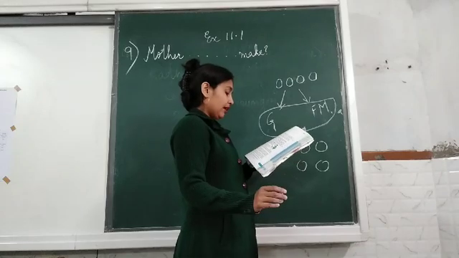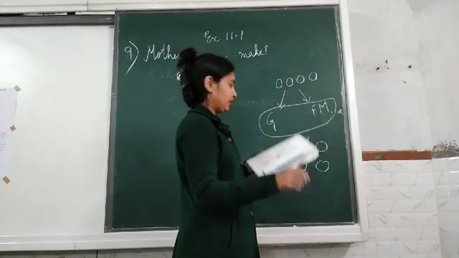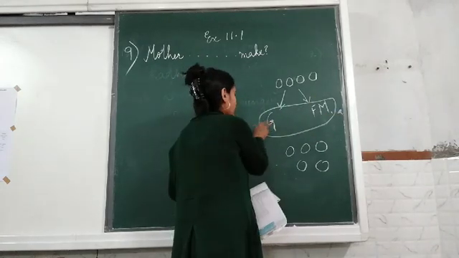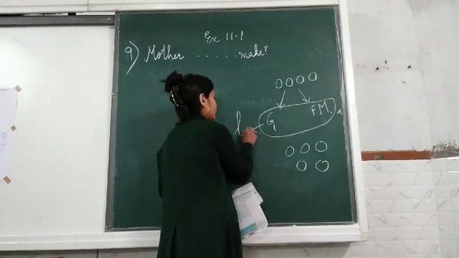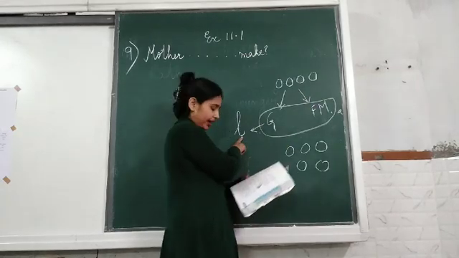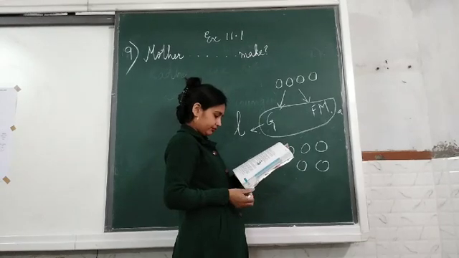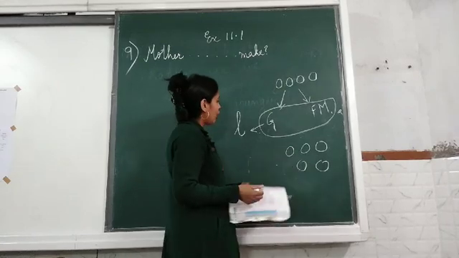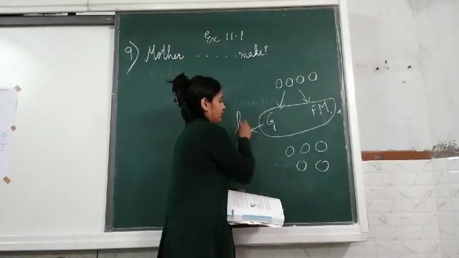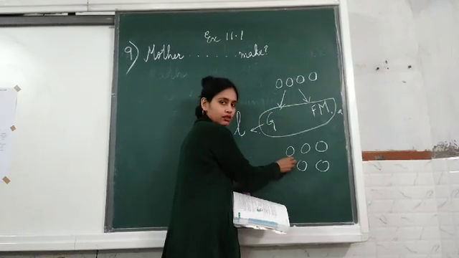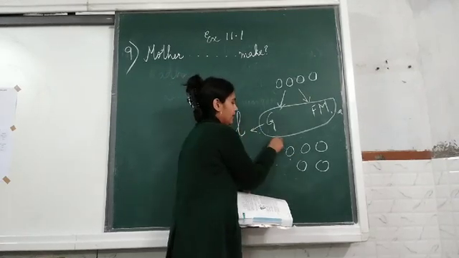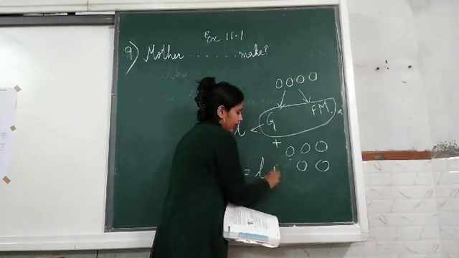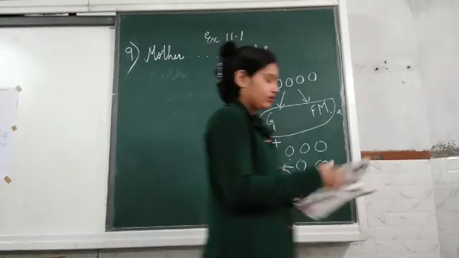If the number of laddus which mother has already given is L, how many laddus did she make? This plus this. Yes, that is L plus 5 laddus. So what is the answer? L plus 5.